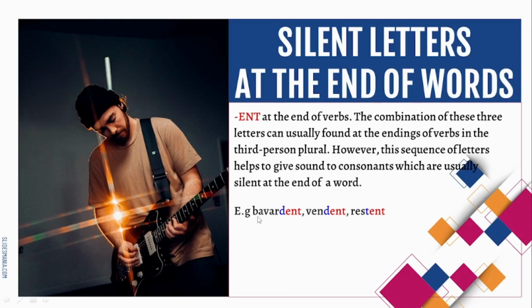So in this case, we have the word bavarde, right? If there was no ENT, this would be pronounced as bavard. But the ENT gives the sound bavarde, right? So the D is pronounced. You can see the same thing with the verb vendre, right?